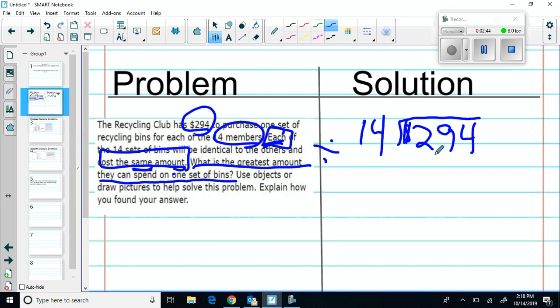So we're going to take 294 and divide that by 14, and that's going to tell us how much each of those members is going to pay for a recycling bin. Now, there are many different ways. We can use objects, we can draw pictures to solve the problem, and you get to choose.